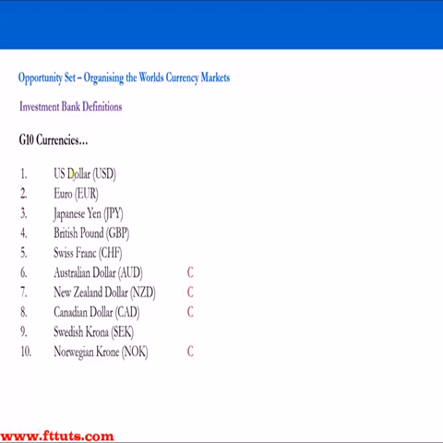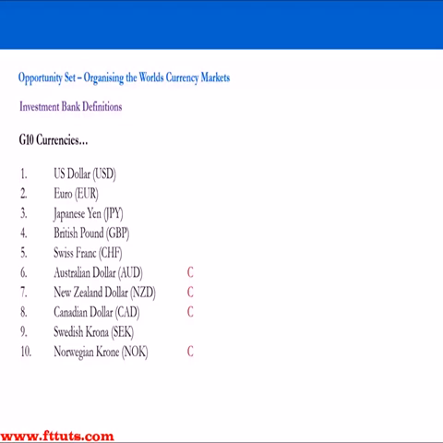And these differ, for example, from the US dollar, euro, yen, pound, Swiss franc, Swedish krona. They differ slightly because the other currencies don't depend solely on 1 or 2 commodities. So the prices of their currencies don't depend heavily on the price of 1 or 2 of their exports.